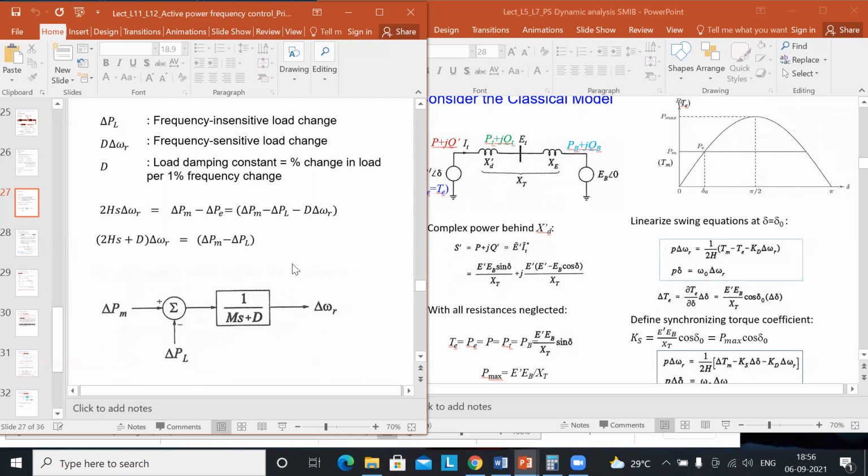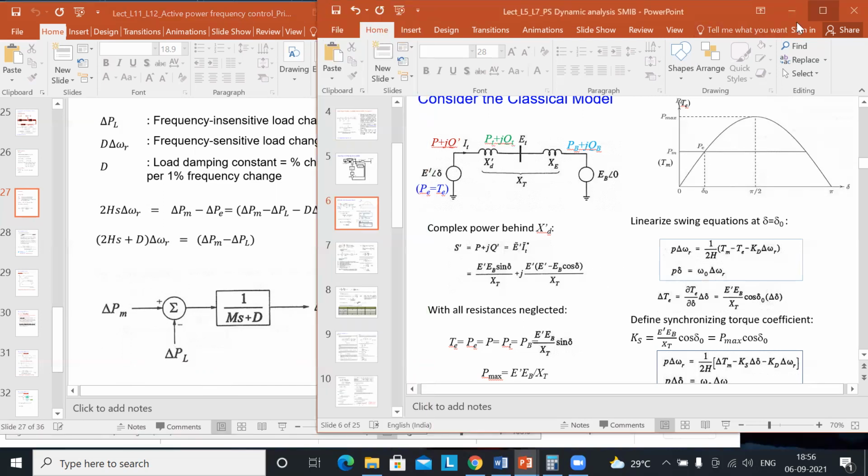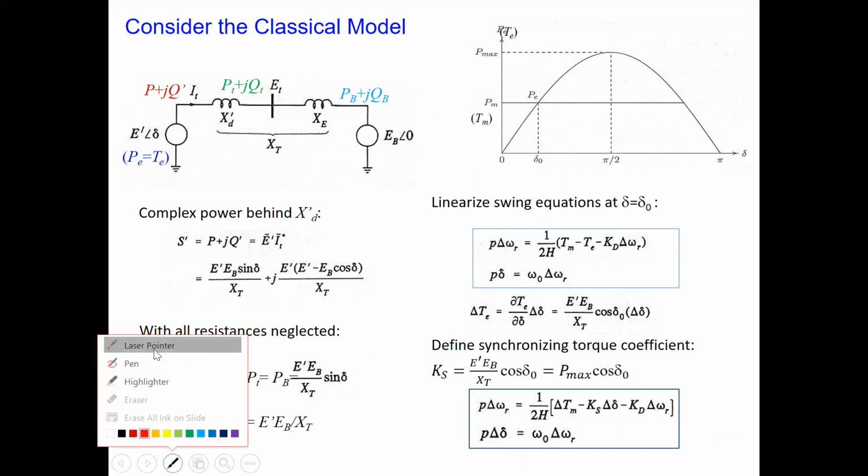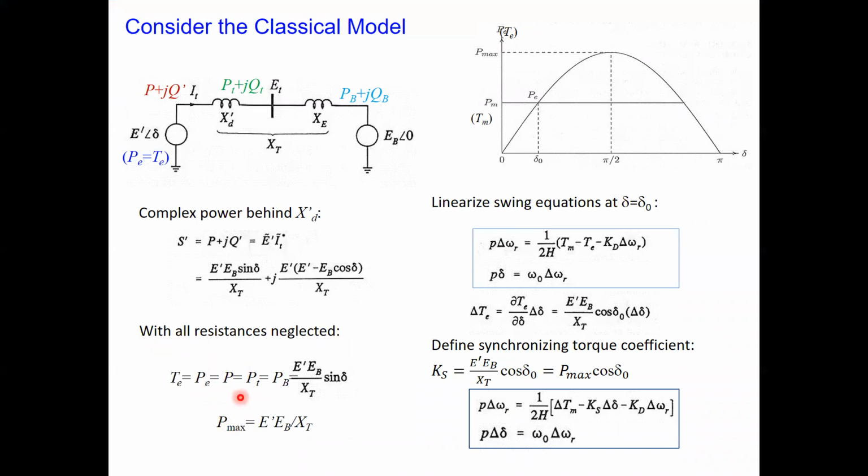Is it okay? So with respect to that, maybe I continue here. What we have written down is this: the electromagnetic torque or the power or the turbine power, we write in this way, and this quantity is your P max, because this is the amplitude.